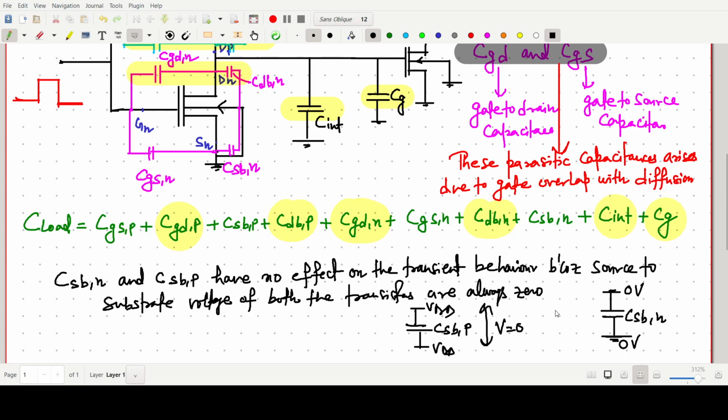Because the source to substrate voltage of both transistors is always 0, we do not consider CSB of P and CSB of N.